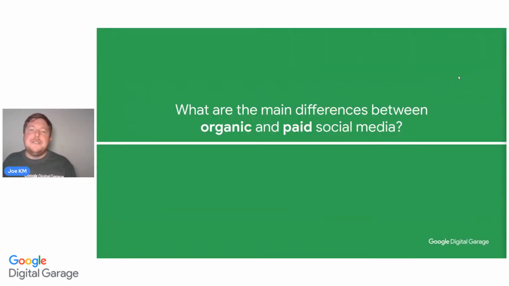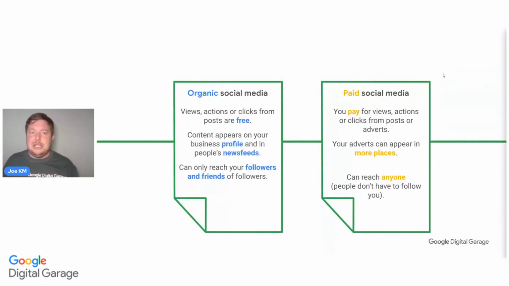So what are the main differences between organic, which is you just posting content on social media as a business, versus paid social media? So organic, you still want views, you want actions or click-throughs or people posting, but it's free. So you can spend that time developing nice content, nice words, nice images. But what's great is it doesn't cost you anything, but you do pay for that with the time it takes to create it.